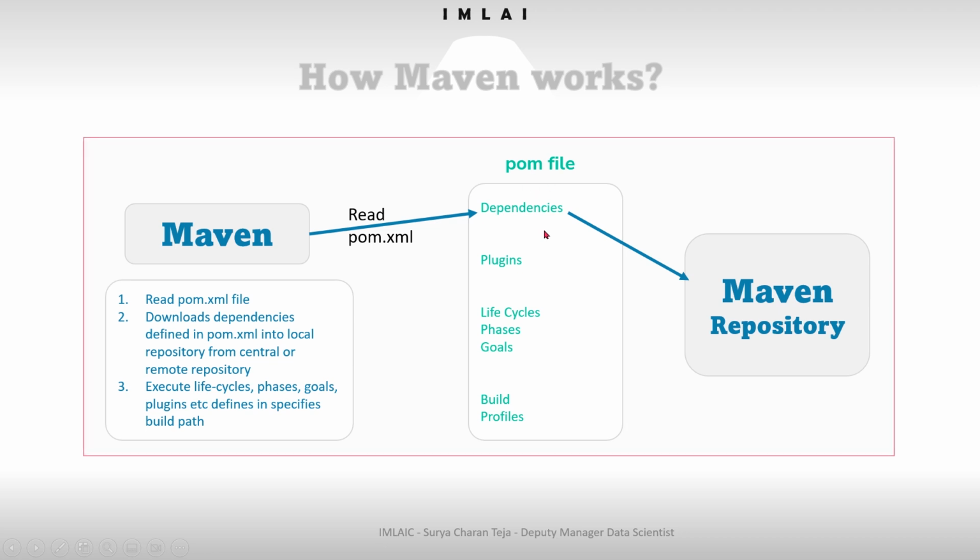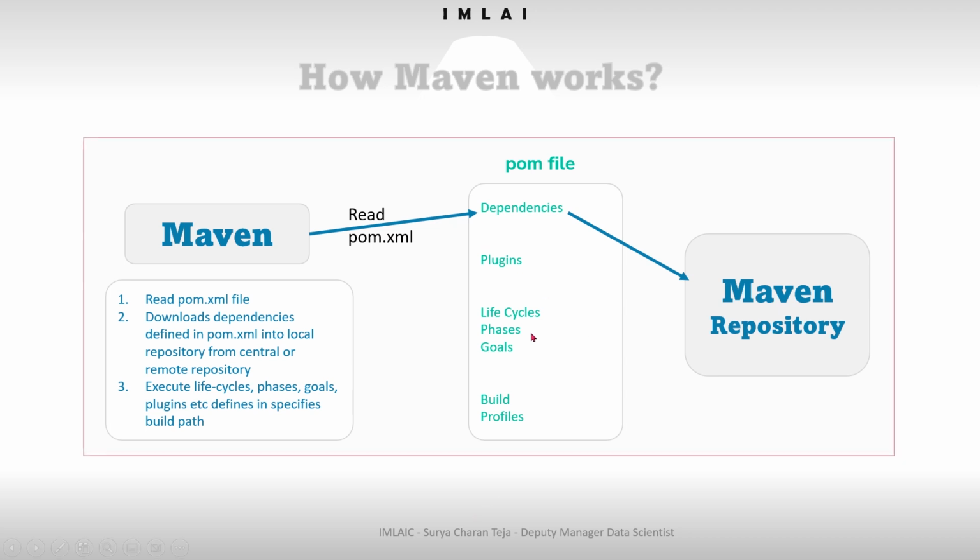POM files, project object model files, are XML files that contain information related to the project and configuration information such as dependencies, source directory, plugins, and goals. Plugins are what need to be brought in and installed so that whatever commands you have written inside your script can be executed.